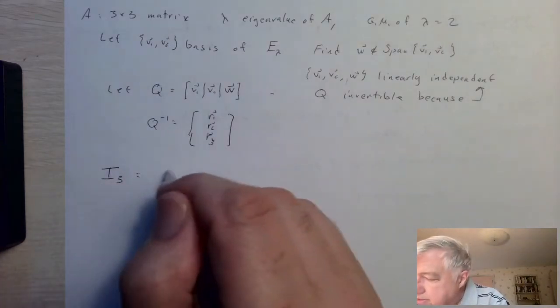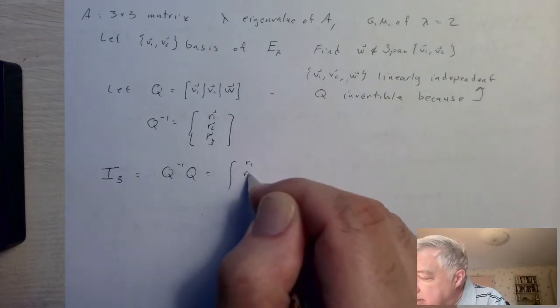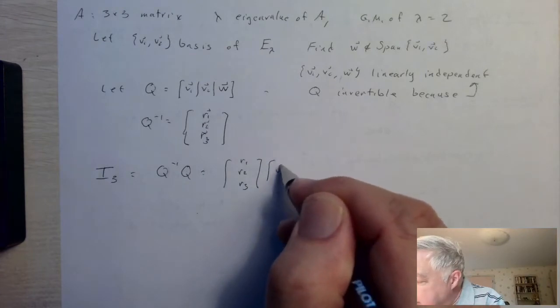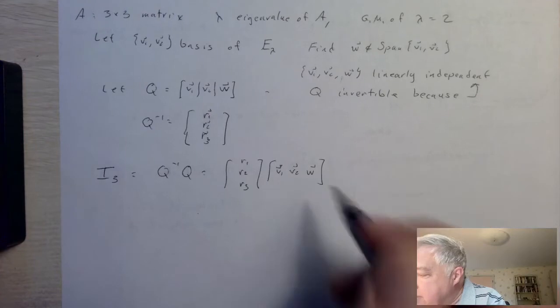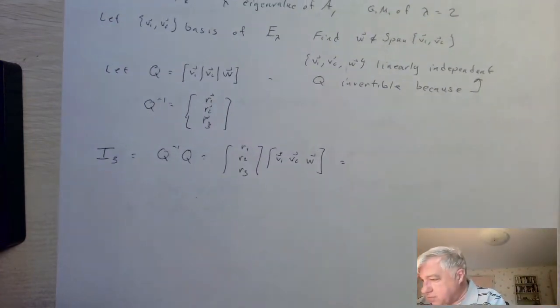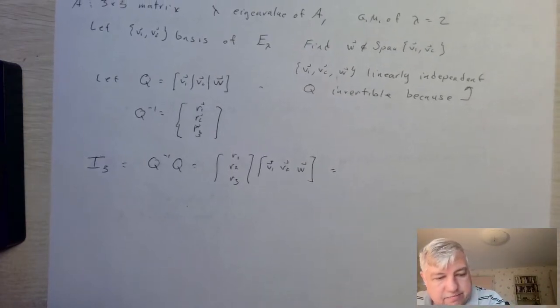So this is Q inverse Q, which is R1, R2, R3 times v1, v2, w. This will be I3.